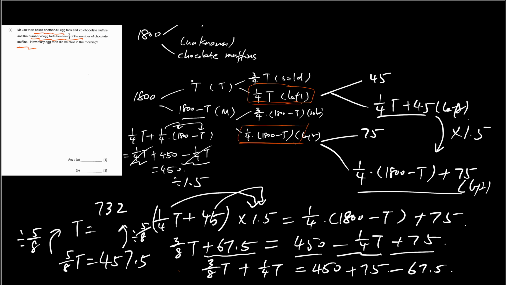That is the T, which is here, so this is the tart. What they ask is, how many egg tarts did he bake in the morning? So this is the one, 732. Understand? So this is the flow.